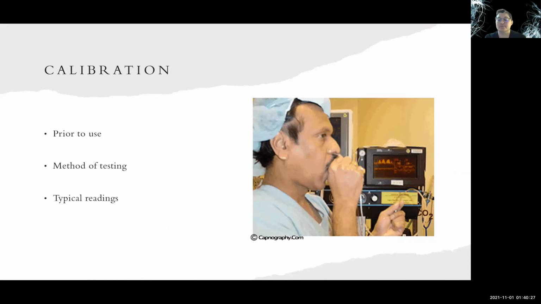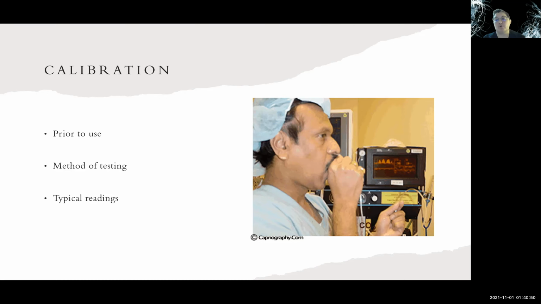Now, when using a capnography monitoring system, the airway adapter should be placed between the breathing circuit and the endotracheal tube. This ensures that the gases being tested are directly from the patient and have limited dilution risk.